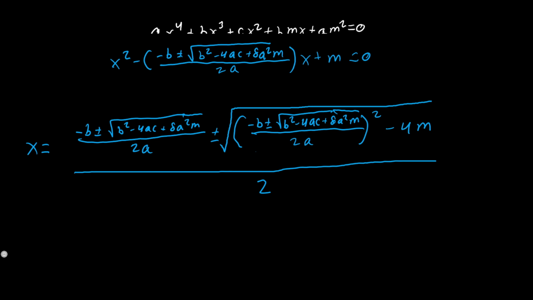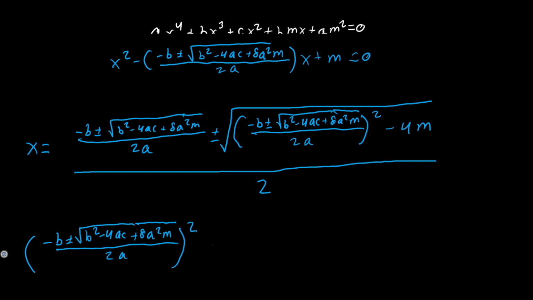So if we simplify the minus b plus or minus square root expression, we will have minus b plus or minus the square root of b squared minus 4ac plus 8a squared m, all over 2a, squared minus 4m is equal to, so we're going to square everything, so the bottom just becomes 4a.